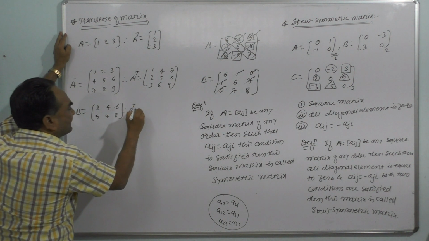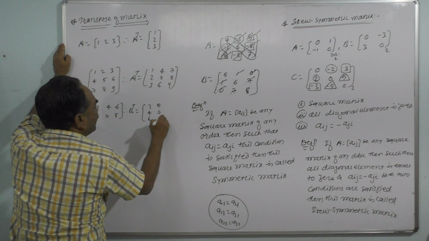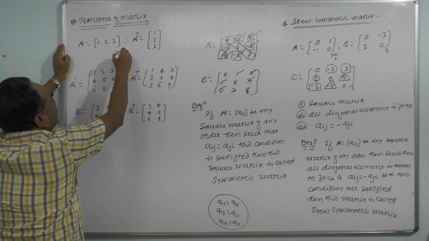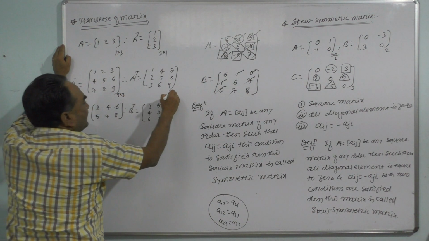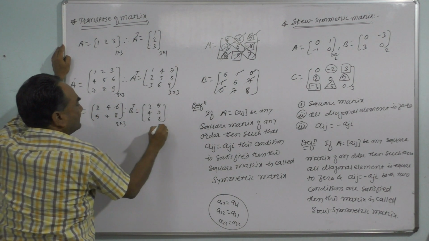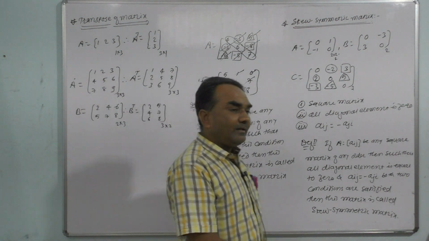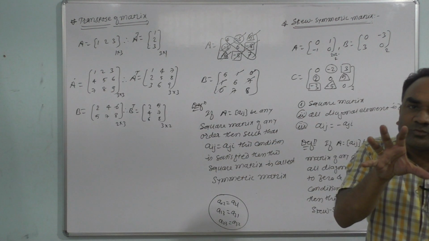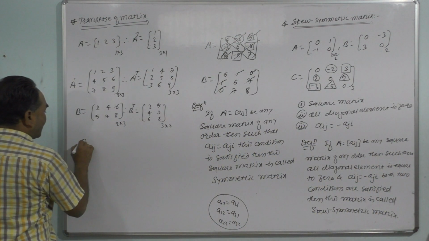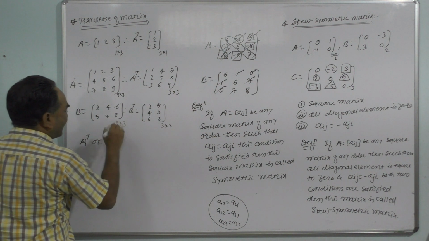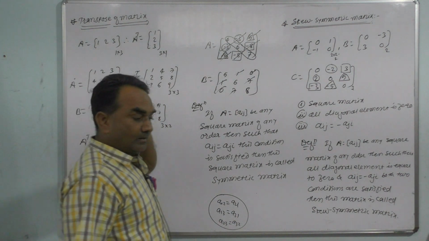Therefore B transpose is the matrix with rows and columns interchanged. This matrix is of order 1 into 3, this one of order 3 into 1; 3 into 3 stays 3 into 3, and 2 into 3 becomes 3 into 2. Transpose of matrix is obtained by interchanging rows and columns of the given matrix, and it is generally denoted by A to the power of T or A dash.